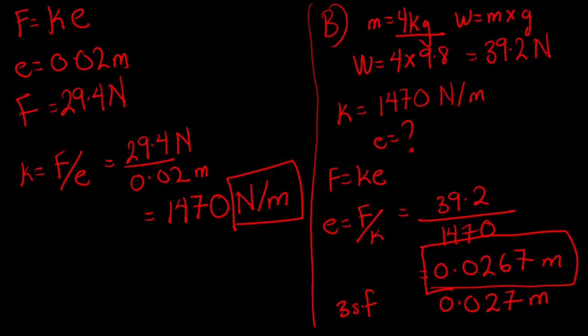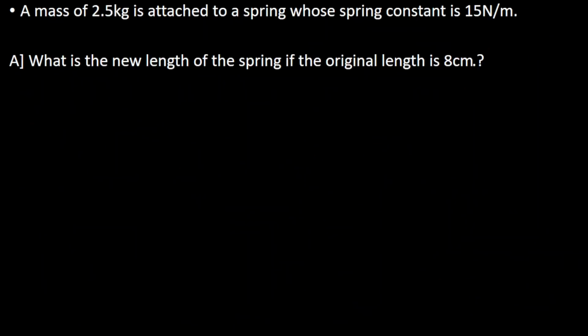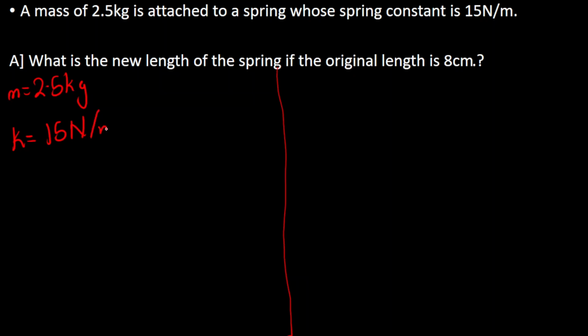Okay, so let's move to the next one. A mass of 2.5 kilograms is attached to a spring whose spring constant is 15 Newton per meter. So we already have our K, which is 15 Newton per meter.